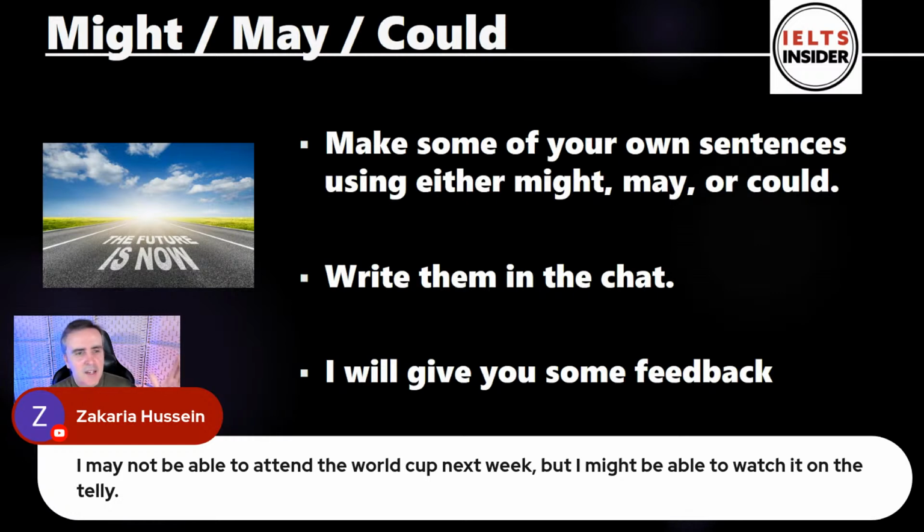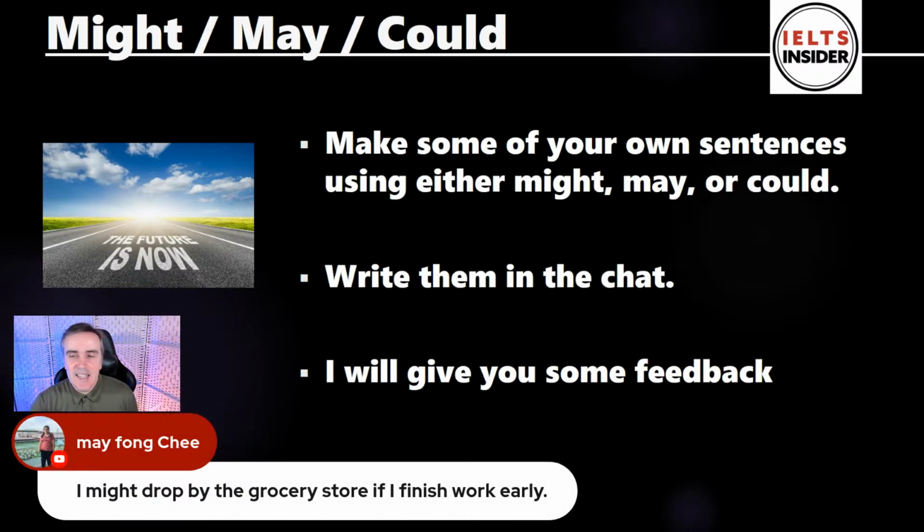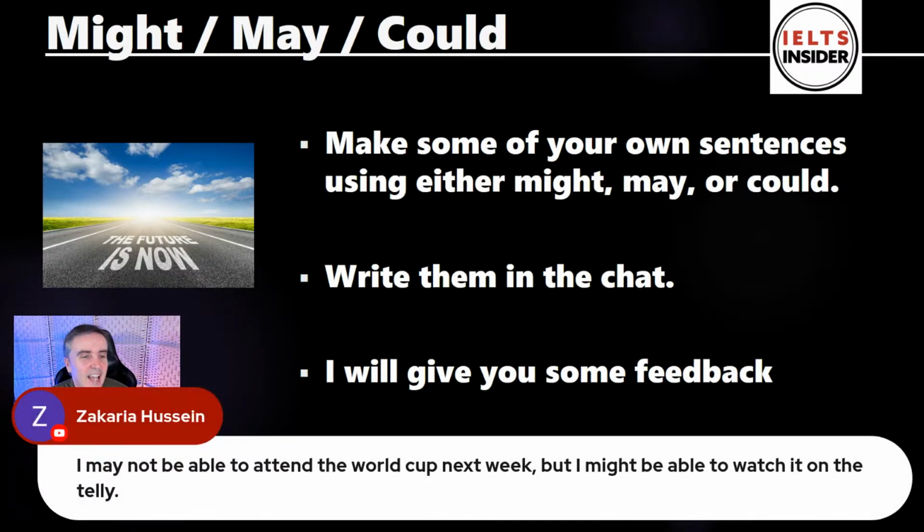Are any of our students from Qatar? They could let us know when it's happening. So, yeah, may not can also be used to talk about future uncertainty. I might be able to watch it on the telly. And good use of the word telly here. This is a kind of British slang for television.